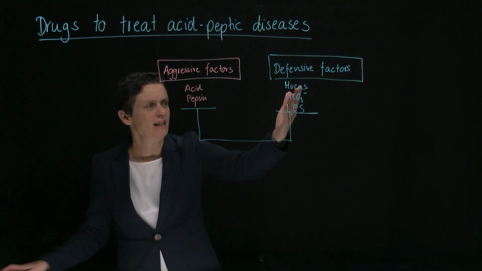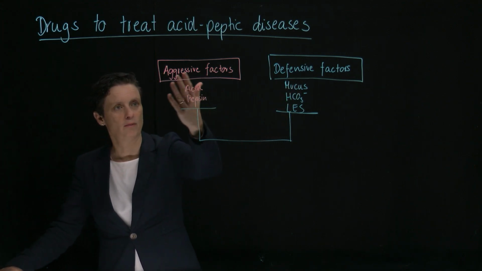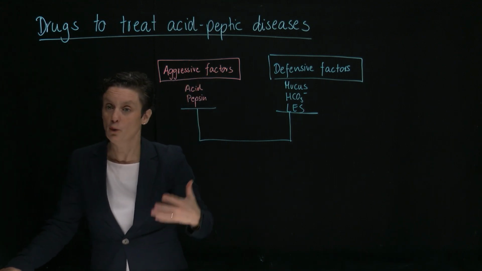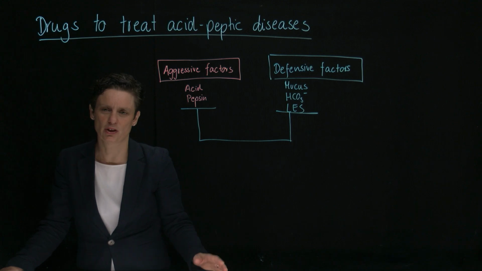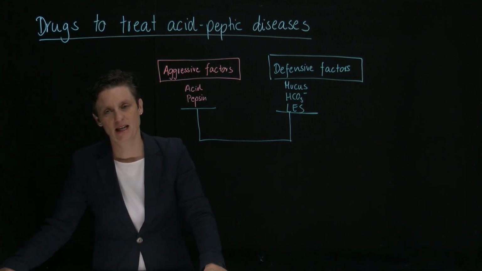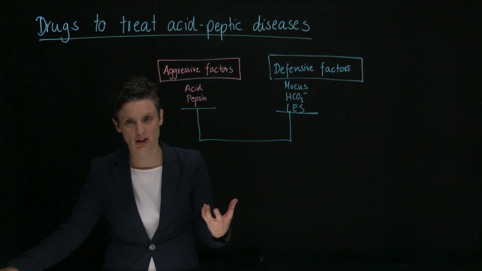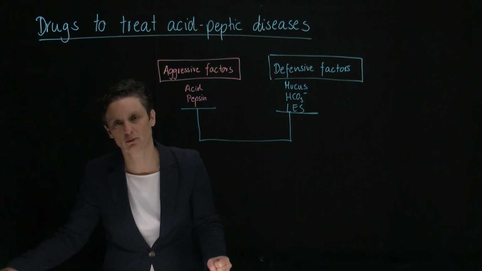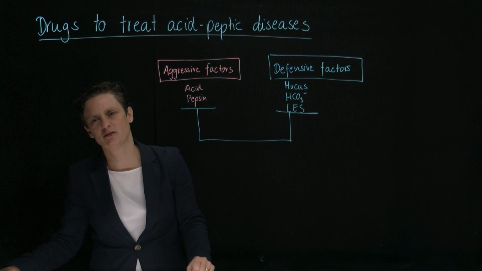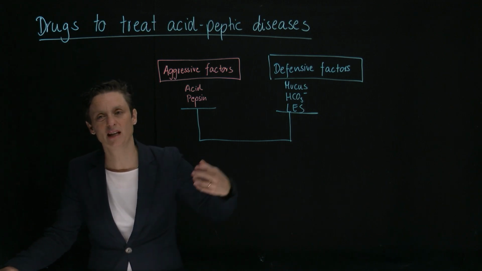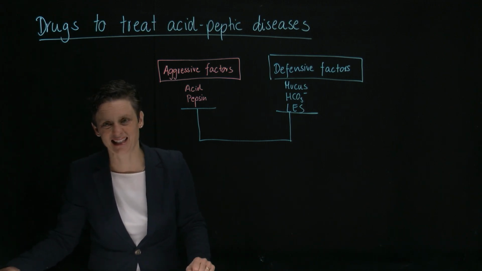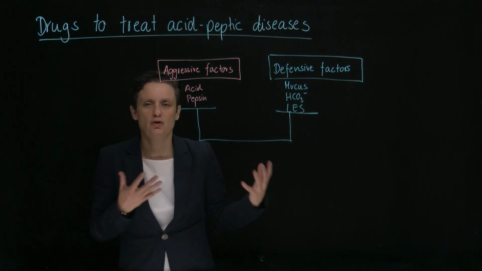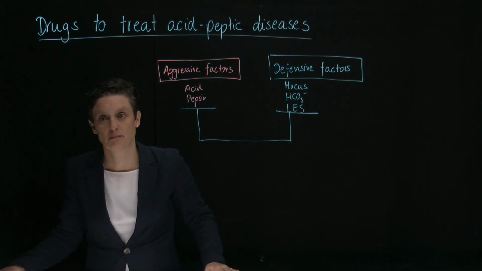But if these defensive factors are overwhelmed by aggressive factors, if you have too much of the aggressive factors, we can get diseases which are called acid-peptic diseases, such as ulcerations or also GERD, gastroesophageal reflux disease, when this lower esophageal sphincter, for example, is a little bit weak and stomach acid can get up into the esophagus. Now we have several drugs to restore this balance.